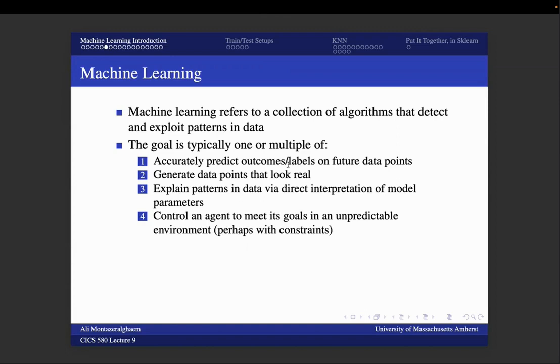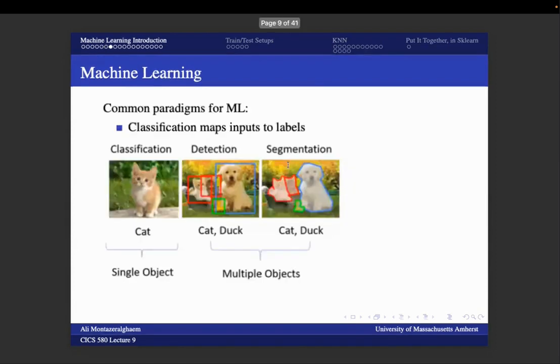For example, in game playing, the agent needs to win the game, which is the goal of the task. And to win the game, we need to do some actions in the environment. So this can also be a goal of machine learning applications and algorithms.